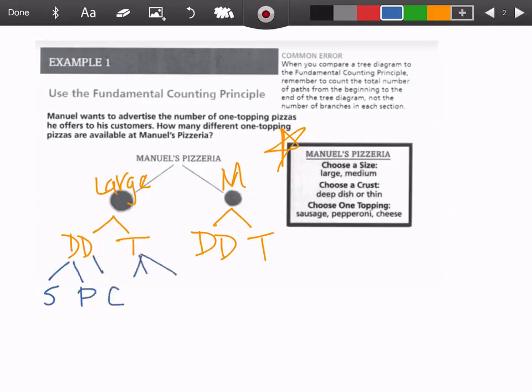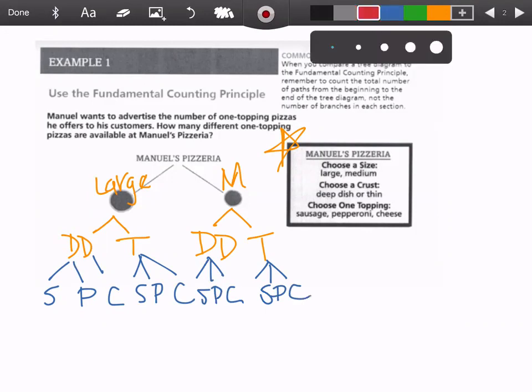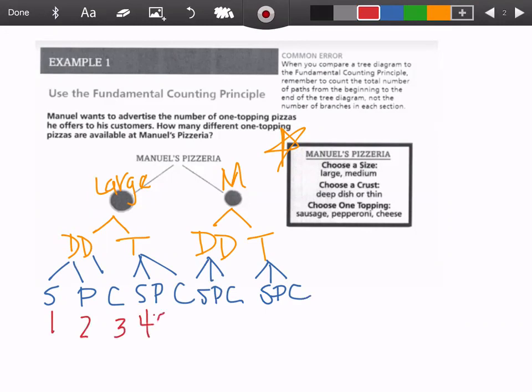On the thin crust large, we could also get sausage, pepperoni, or cheese. Same thing with the mediums. Sausage, pepperoni, cheese, sausage, pepperoni, cheese. If we count up the different types of pizzas, we have 1, 2, 3, 4, 5, 6, 7, 8, 9, 10, 11, 12. There are 12 different types of pizzas.